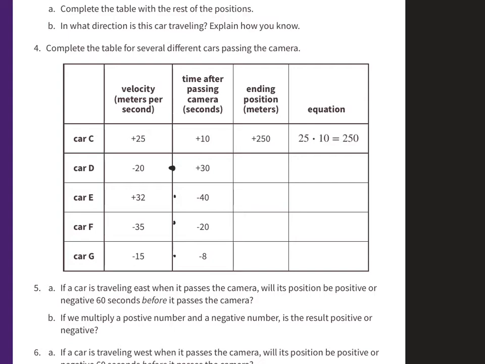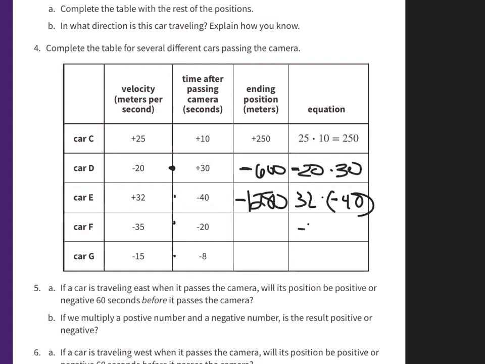Negative 20 times positive 30 is negative 600. 32 times negative 40, that's a negative there, using my calculator, is negative 1,280.